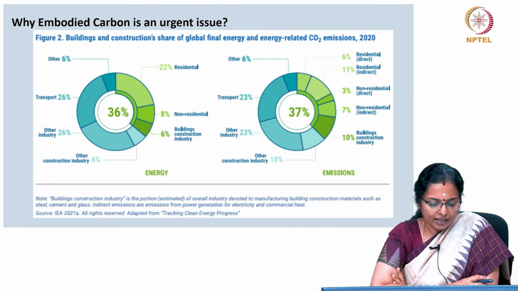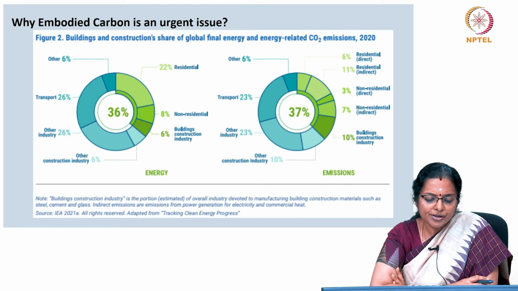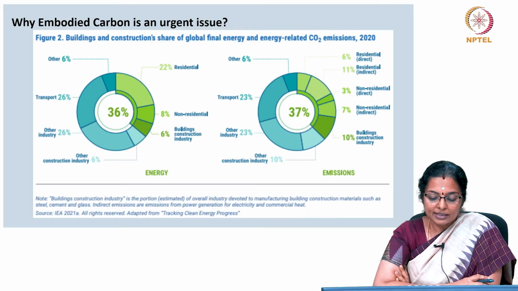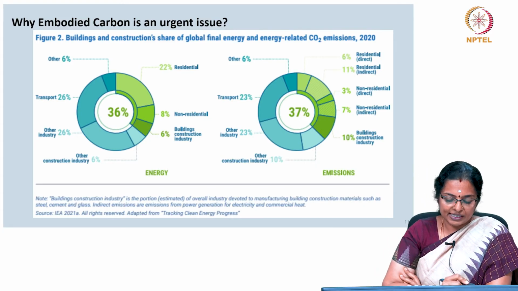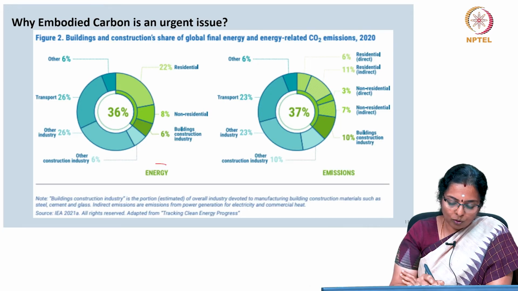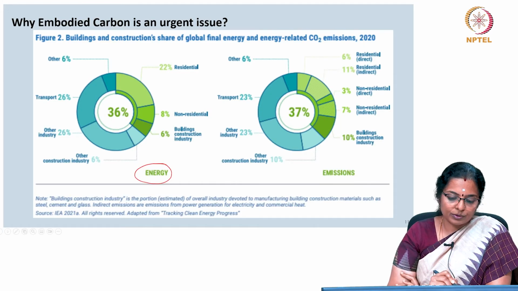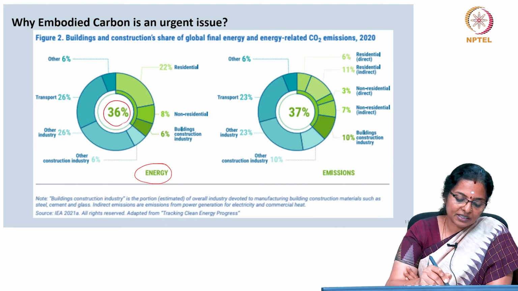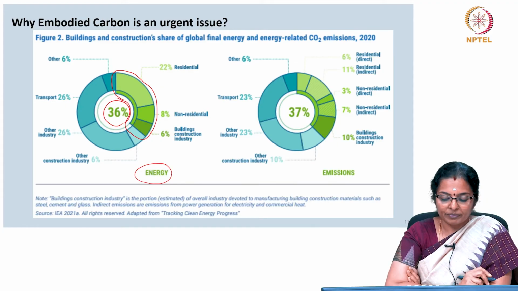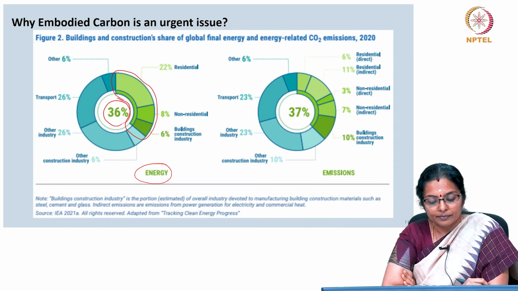Let us now look at the embodied carbon, the energy used in the buildings and construction sector and the related carbon dioxide emission. This data is for 2020. You can see that of the total energy that is consumed, embodied carbon, 36%, this part is completely due to buildings.